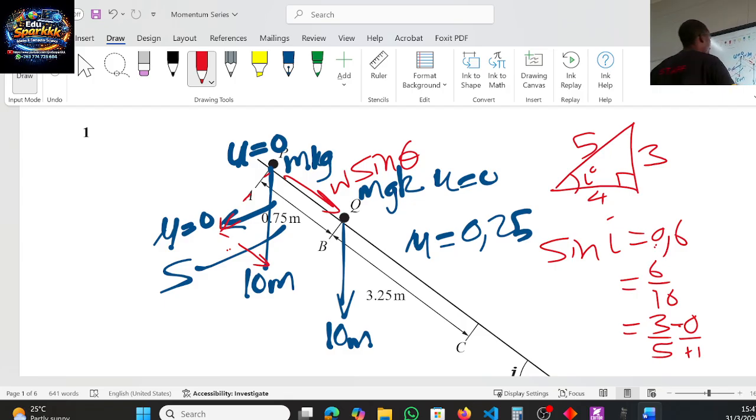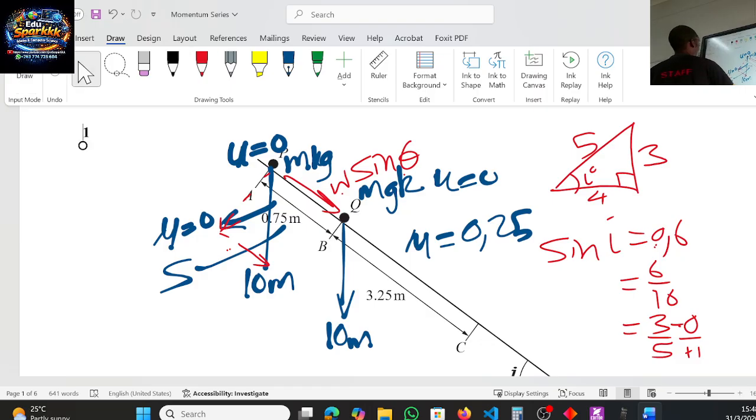So when we say W sine theta, because this plane is smooth, we don't have friction, so that's the only driving force we have. Our W, we said, is 10m, so we can say 10m sine theta, and sine theta is 3/5.